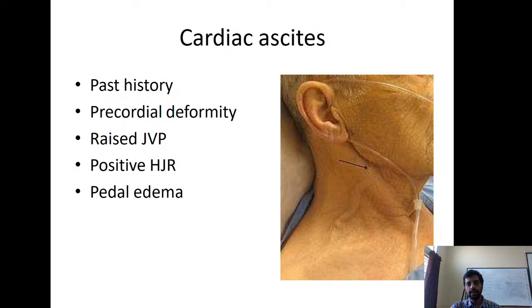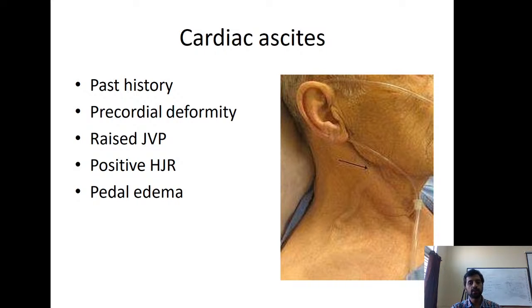Third is cardiac ascites. This also causes portal hypertension because your heart is not able to pump the blood. There is increased back pressure. That back pressure will be transmitted to your liver and hence to the portal vein, and hence you will have portal hypertension in these patients. This will also cause fluid translocation into the peritoneal cavity, similar to cirrhosis.